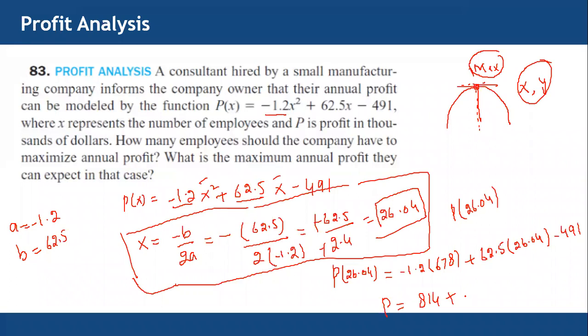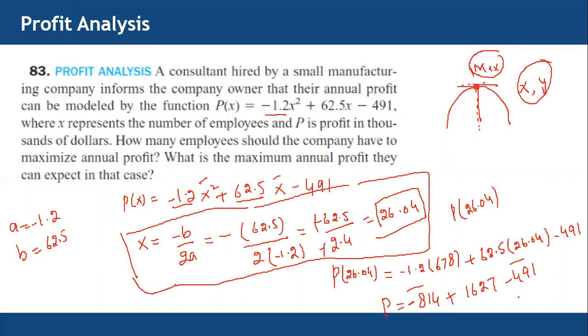I think, sir, the point is the sign is negative. Excellent, negative. And we have 1627 minus 491. First adding the negative numbers, 491 and 814, we get minus 1,305.